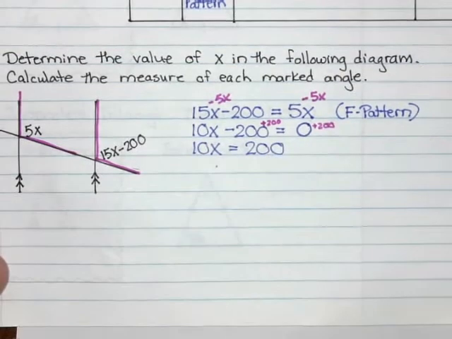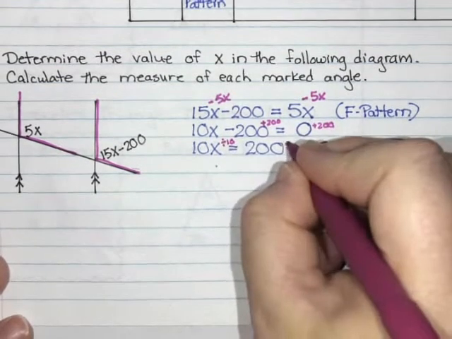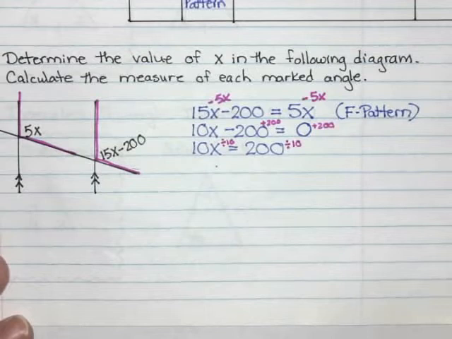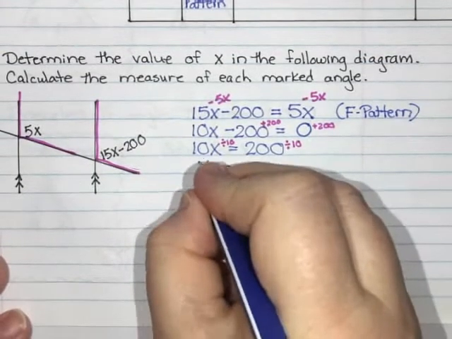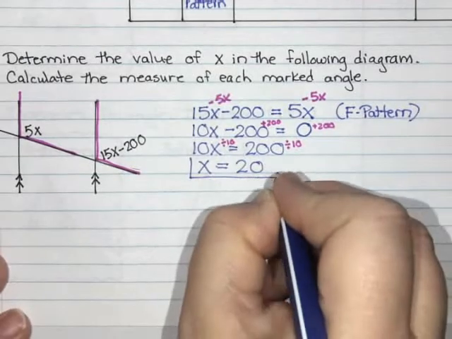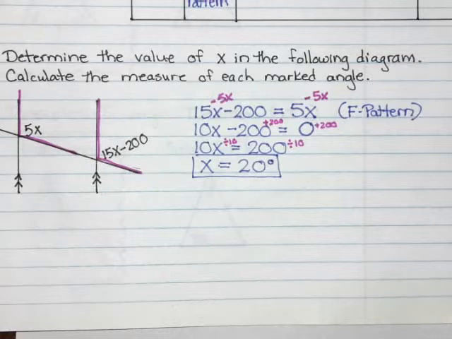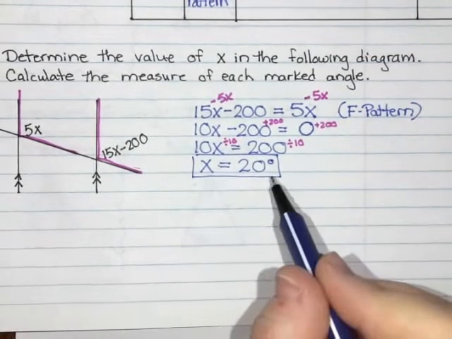And then I am going to divide by 10. And 200 divided by 10 is 20. That is 20 degrees, since these are angles. So that's the first part done. It said determine the value of x. The value of x is 20.